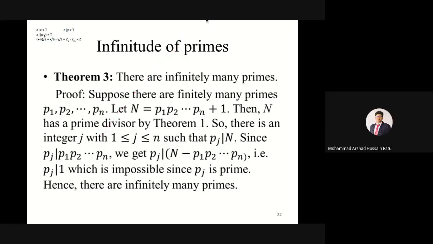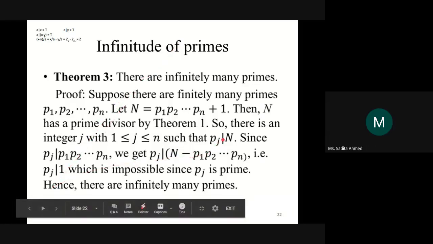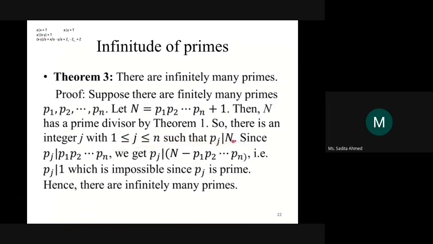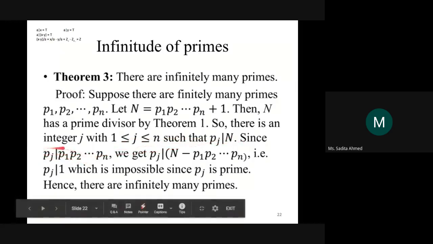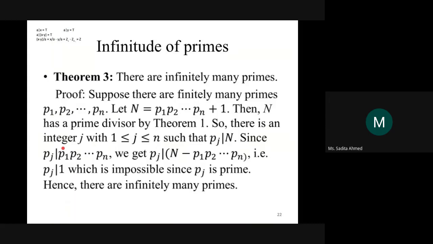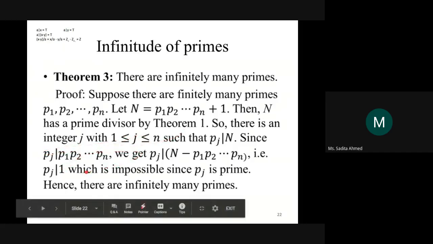Yes, miss. Okay. So the same prime divisor can divide the number n and the product of all the primes. We've established that. Now, remember from the things that we discussed when we were talking about divisibility, that if the same divisor divides two different numbers, then it can divide the sum of the two numbers as well.